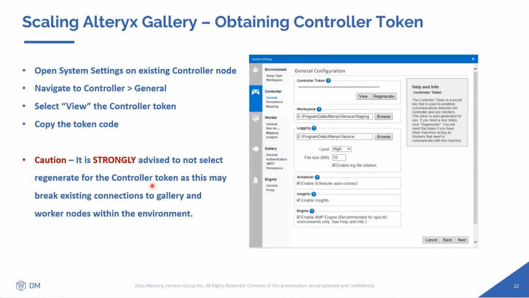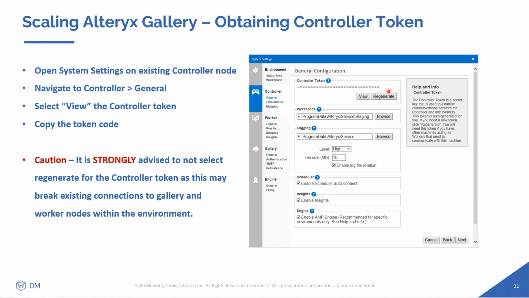And of course, this is something that we are going to talk more about during our next session. But the idea is that to add a new gallery or a new controller to your server, it's a very simple configuration. The only thing that you need to start connecting those components inside your own environment is to have your controller token here.